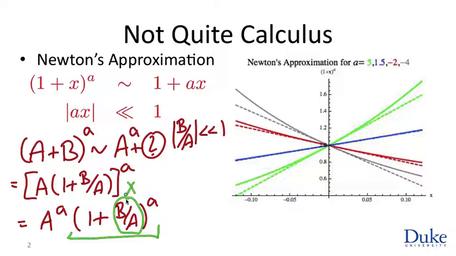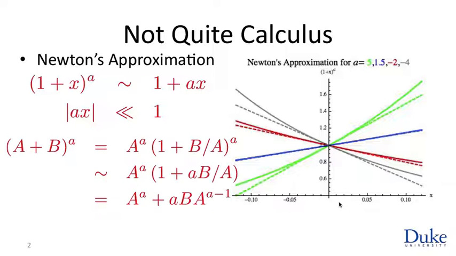Notice that indeed, when x is 0, I find A over A, and so this is about the same as A to the a times 1 plus a times B over A. That's Newton's approximation, and this allows me to parameterize the degree by which this approximately deviates from A to the a-th power, and the result is what we have over here.